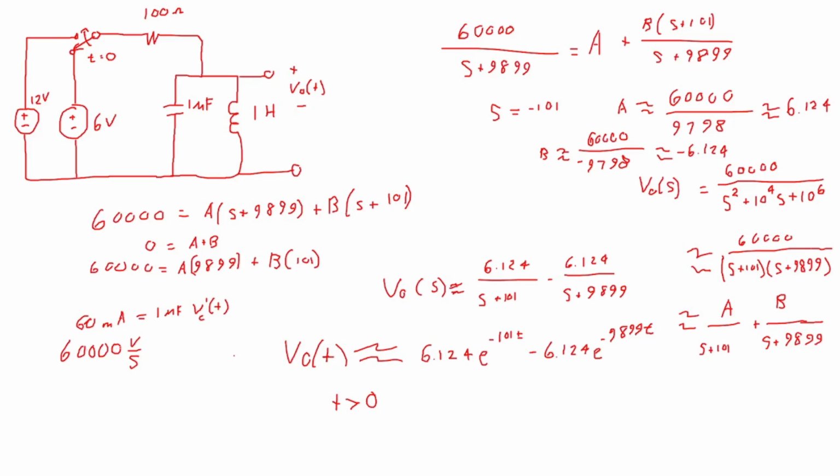In 10 to the minus 4 seconds, this capacitor is going to be at 6 volts. Well, 6 volts is actually not quite enough. It's not done charging quite at 10 to the minus 4 seconds. This 6.124 is where you're going to be.